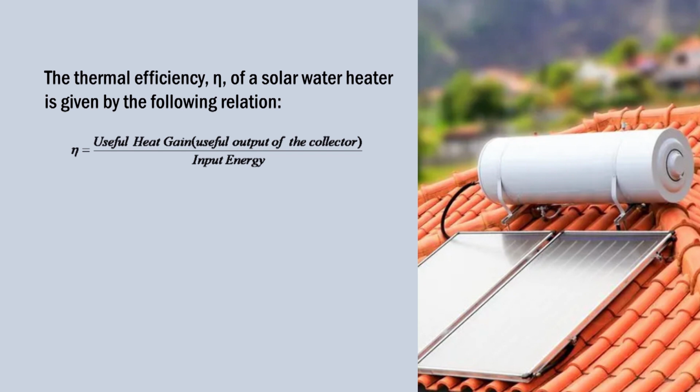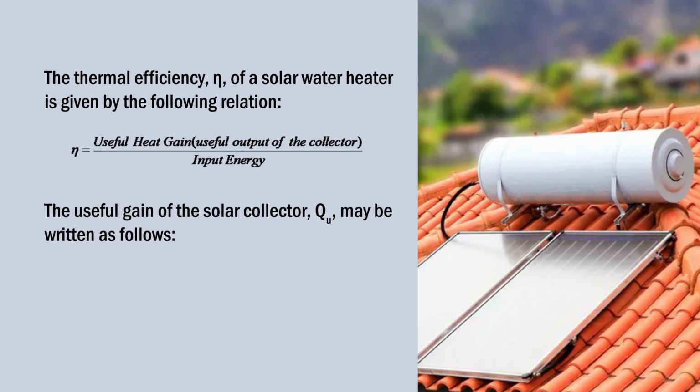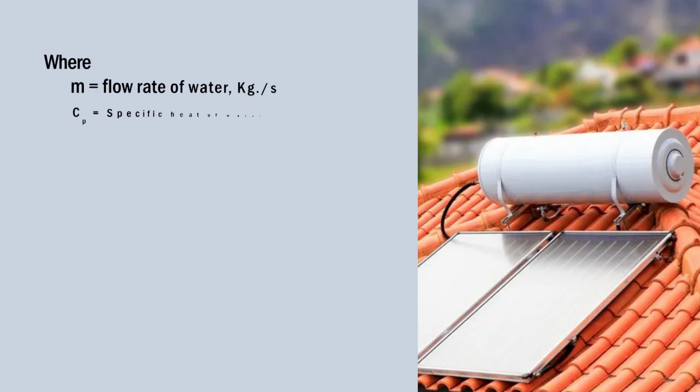So useful heat gain can be calculated by a simple formula, that is Q is equal to m c delta T, and this Q is basically the net output gain in terms of heat, and this Q can be calculated by this formula, that is m c delta T, where what is m?